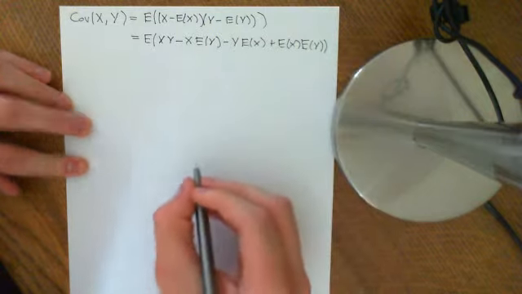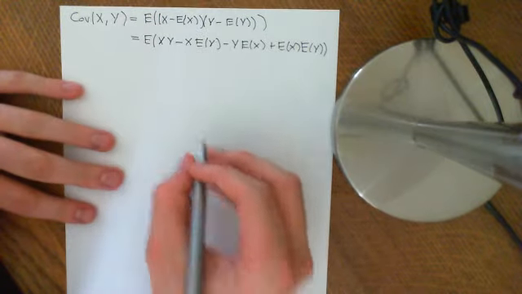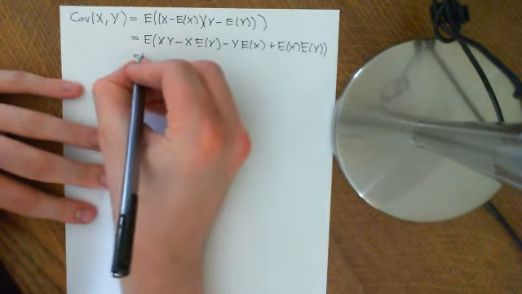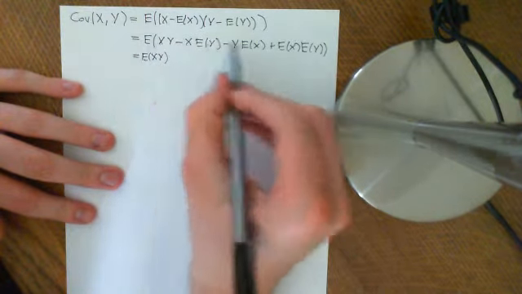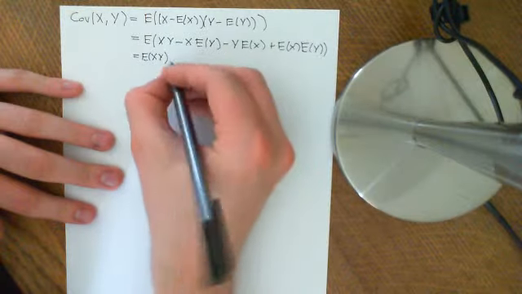So now just some revision of linearity. This is equal to the expected value of xy, because the expected value of a sum of terms like this is just the sum of the expected values.